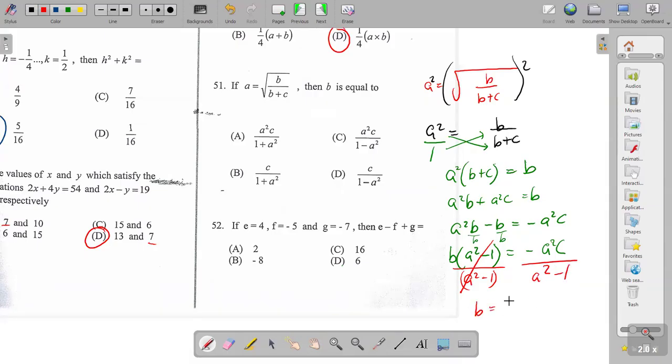So B is equal to negative A squared C over A squared minus 1. So our answer is C.